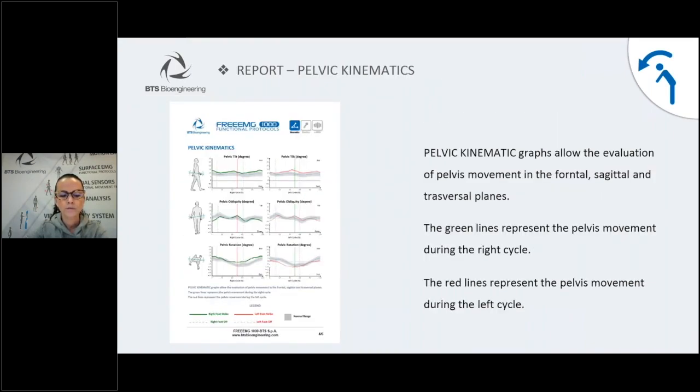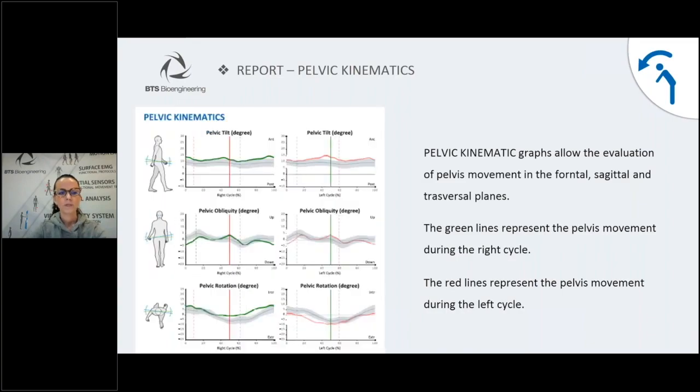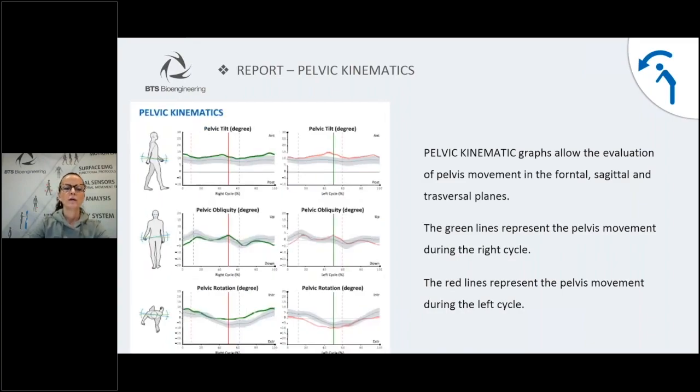Let's now turn to the kinematics of the pelvis. In green on your left, you find the graphics that show the movement of the pelvis on the three different planes of the body, sagittal, frontal, and transversal, during the right gait cycle.